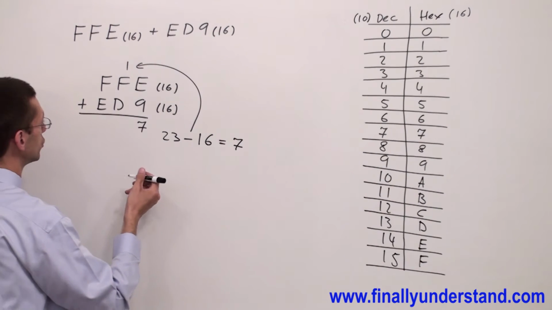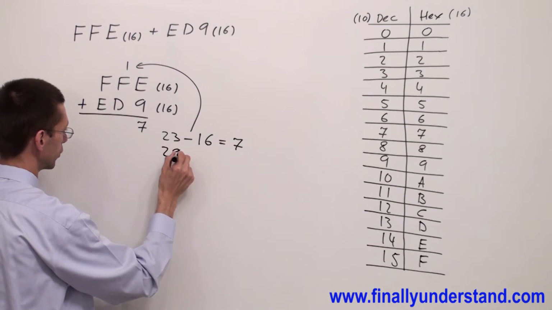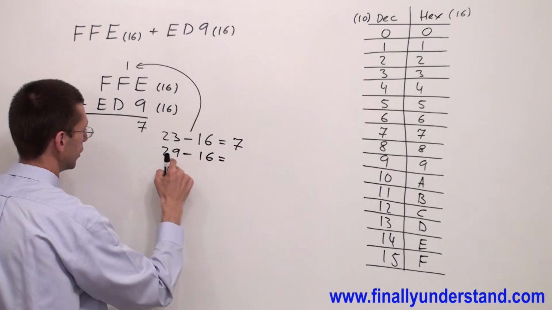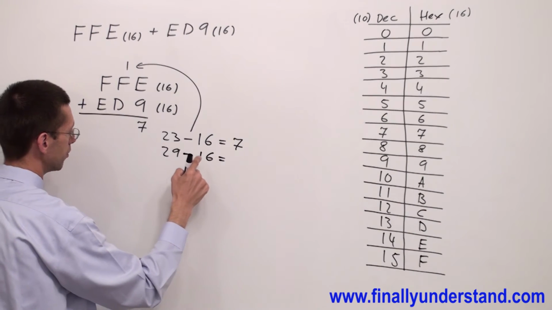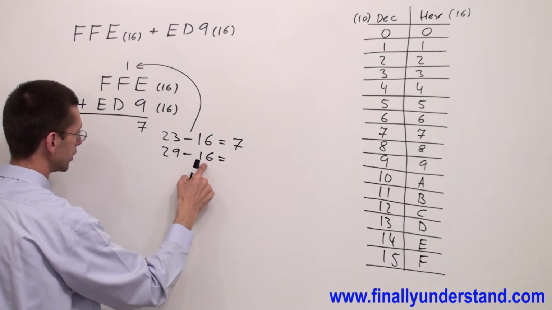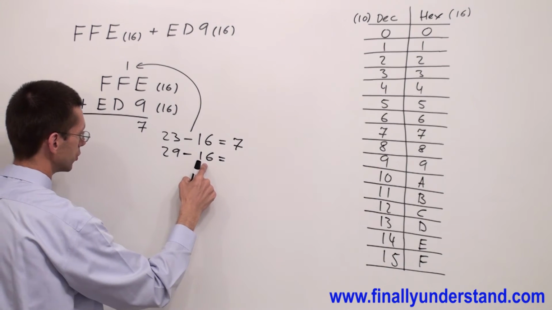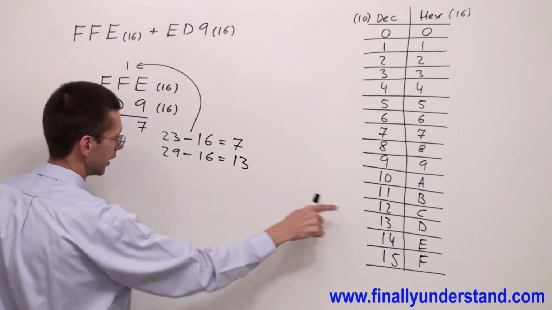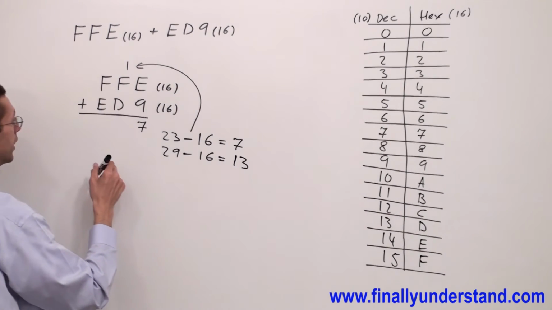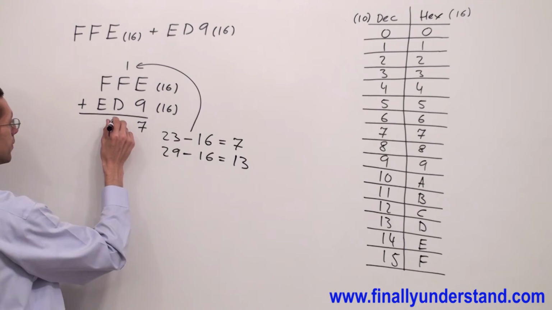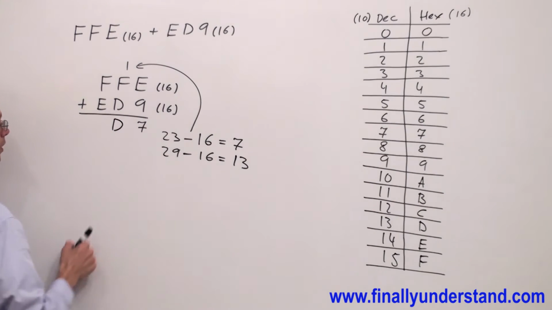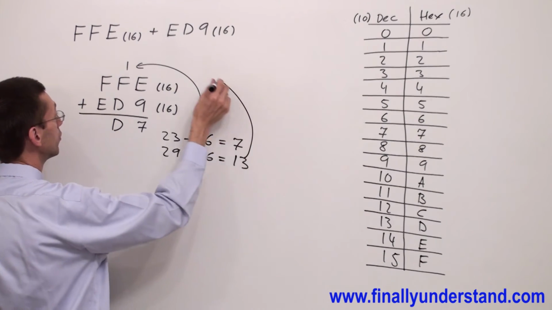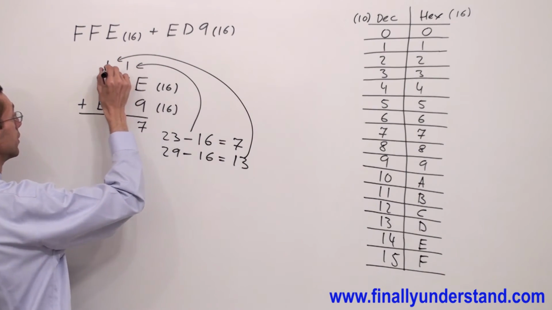That's why I'm supposed to perform the subtraction, because 29 is greater than 15. 29 minus 16 is equal to 13. 13 in hexadecimal is represented by the letter D. And because I performed the subtraction, I'm supposed to carry a 1 to the next column.